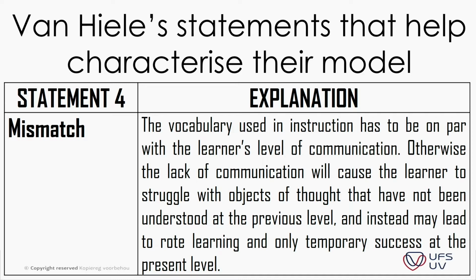The vocabulary used in instruction has to be on par with the learner's levels of communication. Otherwise, the lack of communication will cause the learner to struggle with objects of thought that have not been understood at the previous level, and instead may lead to rote learning and only temporary success at the present level.